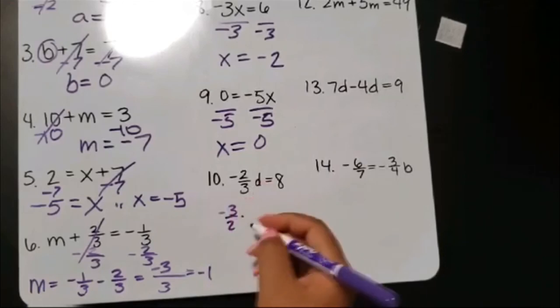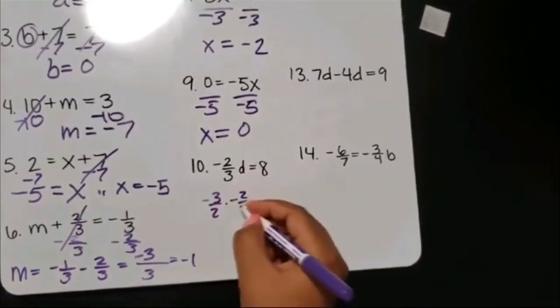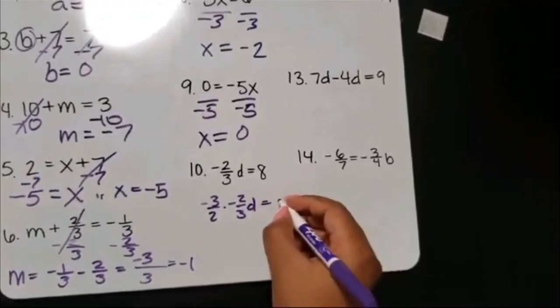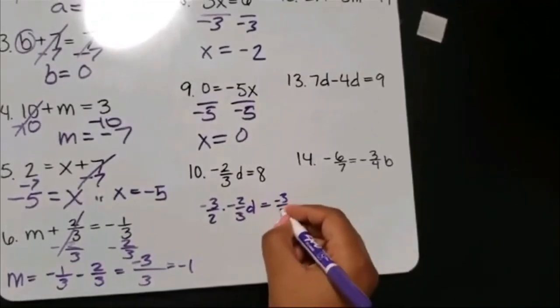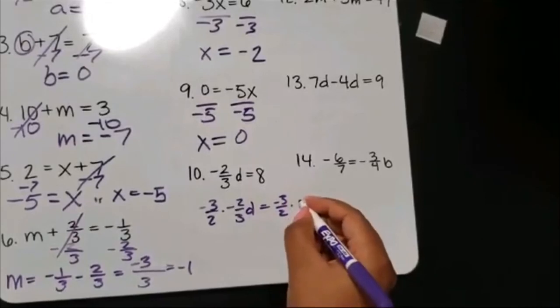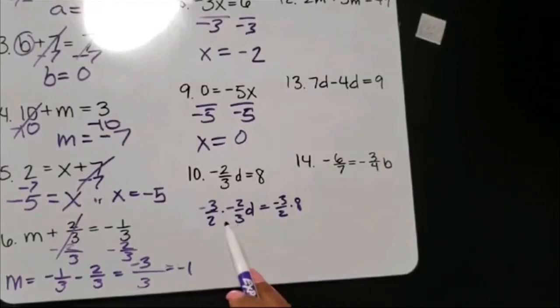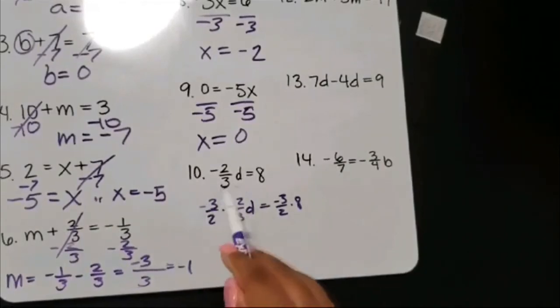So we have negative 3 over 2 times negative 2 over 3d equals negative 3 over 2 times 8.